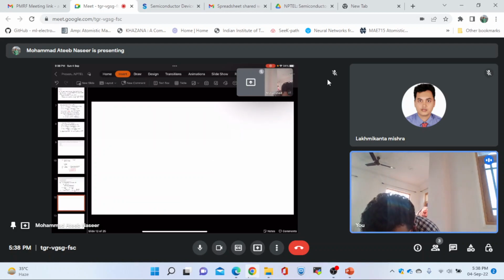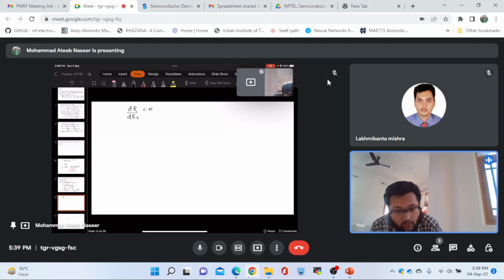The maximum condition we will simply find by differentiating this recombination rate with respect to the trap level. So dR by dEt should be equal to 0 to satisfy our condition for the maximum trap assisted recombination efficiency.